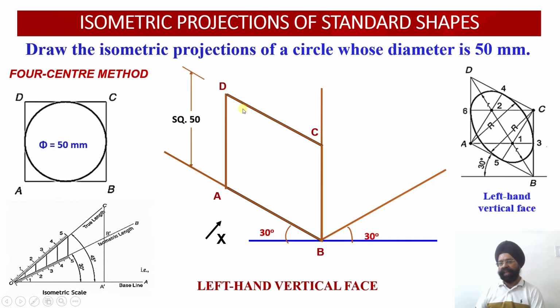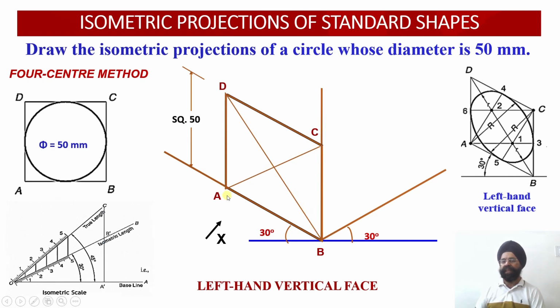So CD is parallel to BA and DA is parallel to CB. Now once we have drawn this square, please check, there are two diagonals of the square, and the square appears to be a rhombus. So we have been able to obtain a square, but it looks like a rhombus. In the rhombus there is one larger diagonal and one shorter diagonal.